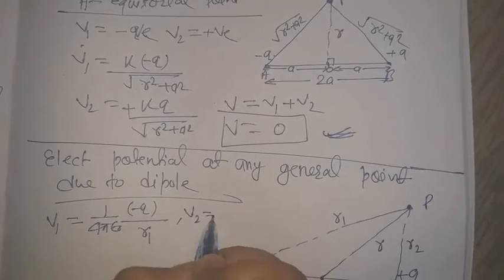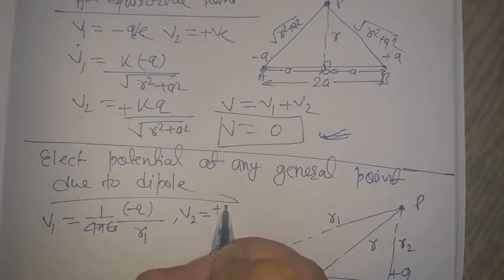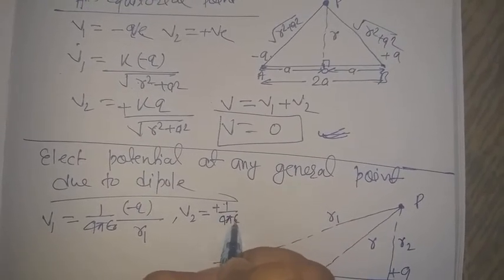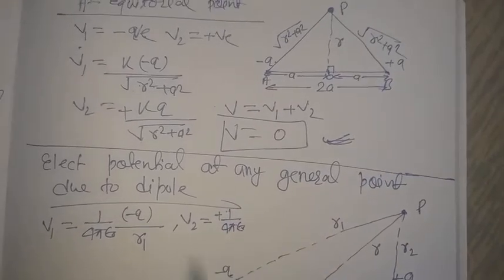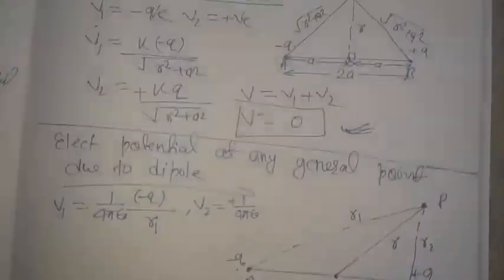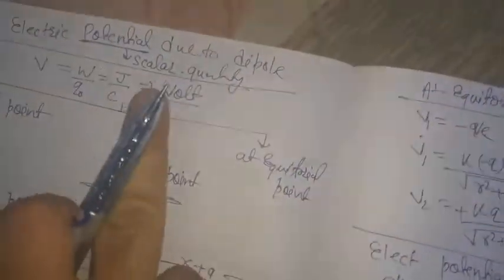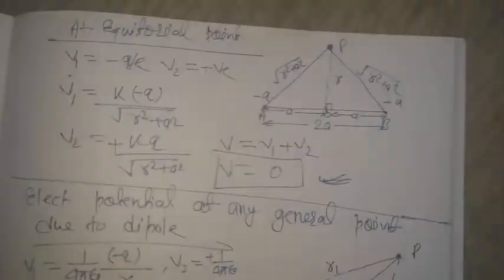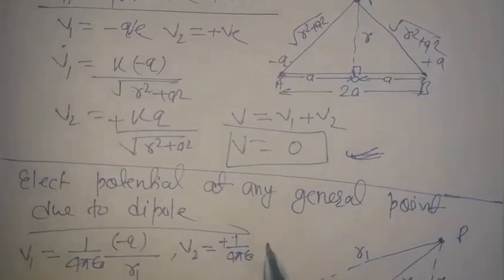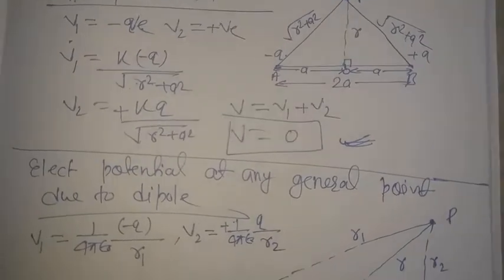Similarly, V2 is plus 1 upon 4 pi epsilon naught into plus Q upon r2. We take the sign of the charge because potential is a scalar quantity.